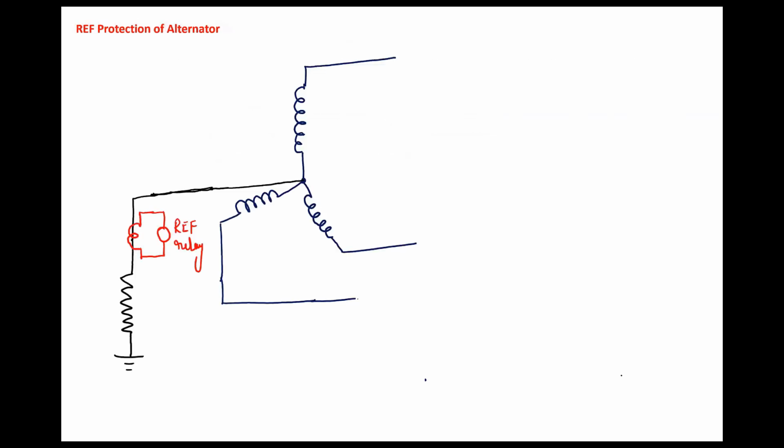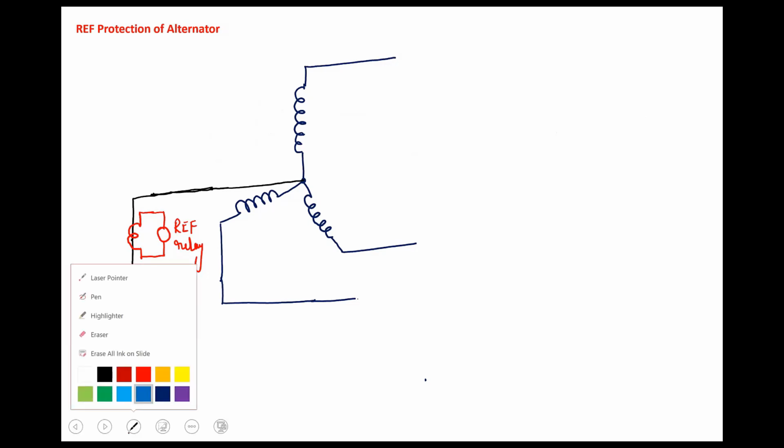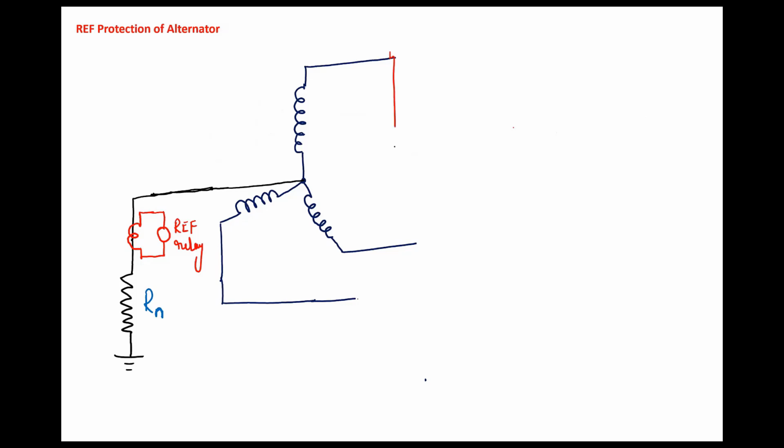Suppose this is a generator stator winding which is star connected, and the neutral is grounded through some resistance. Let us call the neutral grounding resistance Rn. Now, for any earth fault occurring after the generator, suppose there is an earth fault here, then this fault current will flow through in this fashion.